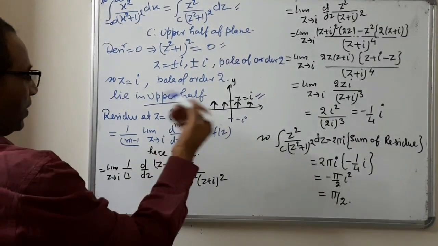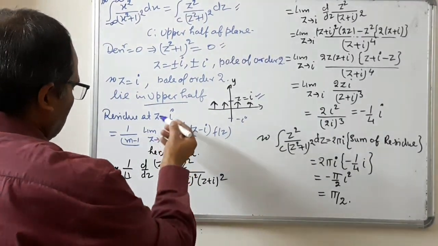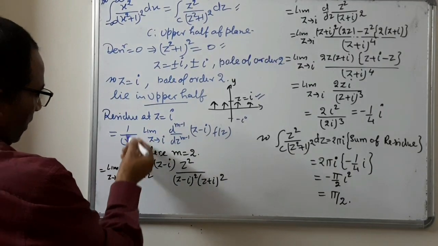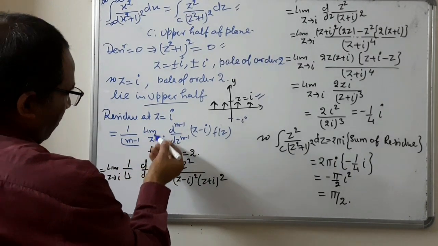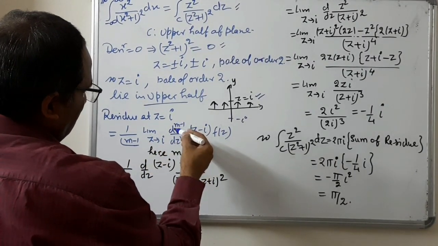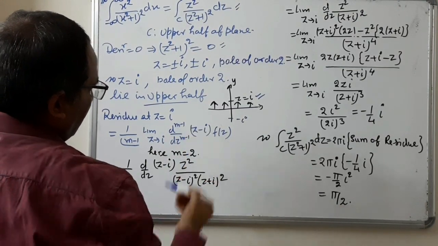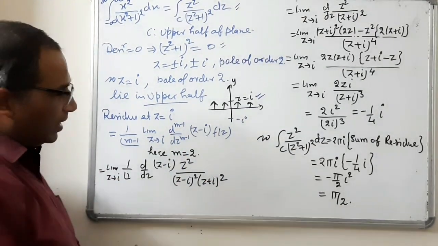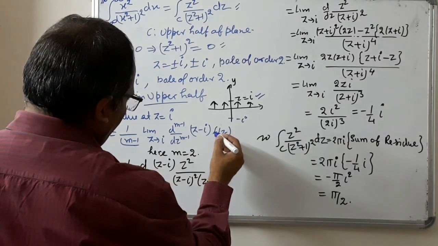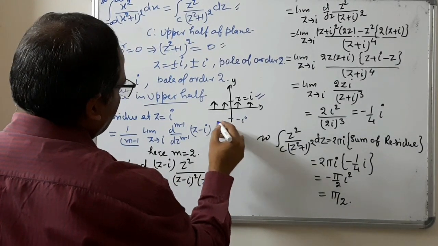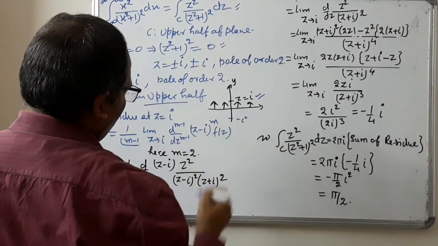For z equals i, we have to find the residue, and the formula for residue is 1 upon factorial of (m minus 1), limit z tending to i, d by dz to the power m minus 1, that is the (m minus 1)th derivative of (z minus i) whole power m times f of z.